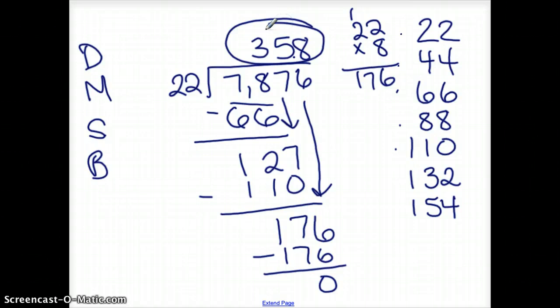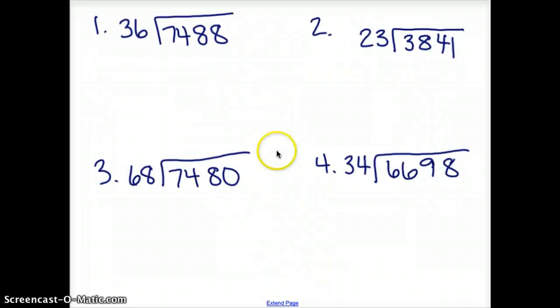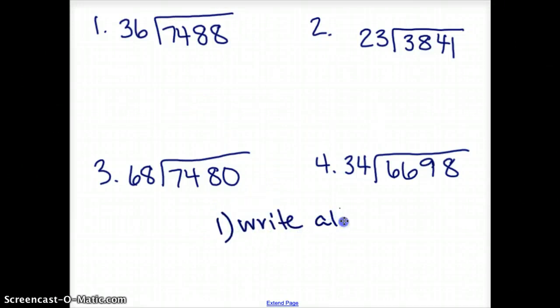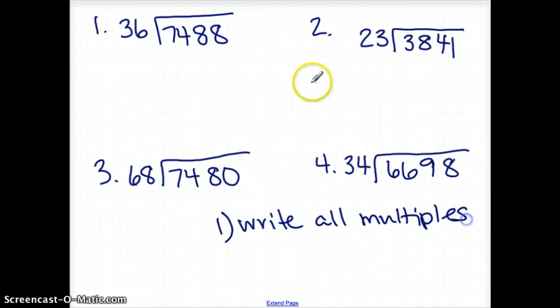Alright, I'm going to give you 4 problems next to try on your own. Alright, so your problems are these 4 problems. Remember, your first step is to write out the multiples. So 36 times 1, 36 times 2, 36 times 3. Use an extra scratch piece of paper to write down all your facts or to multiply.